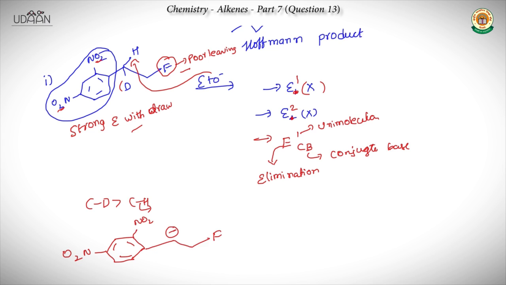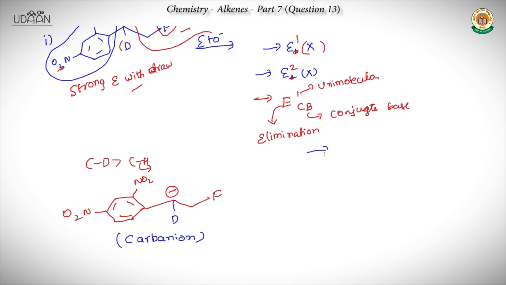So the intermediate which you have got is a carbanion. It's not a carbocation. Remember, in an E1CB reaction you get a carbanion intermediate.